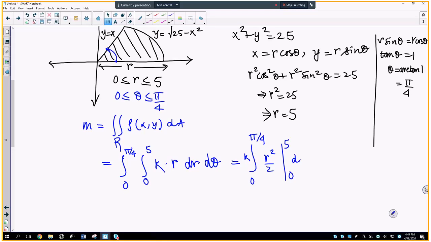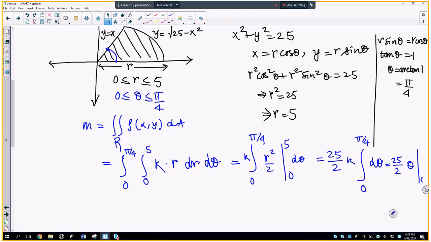I still have to do the antiderivative with respect to theta. So I get 25 over 2, which I take out, and then I do the antiderivative of d theta between 0 and pi over 4, which is simply theta, since the antiderivative of d theta is theta.